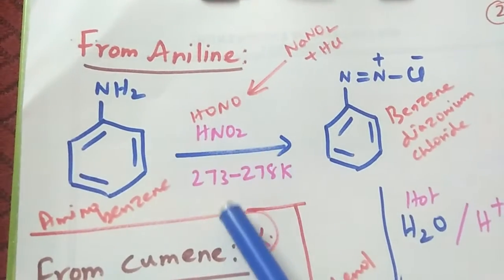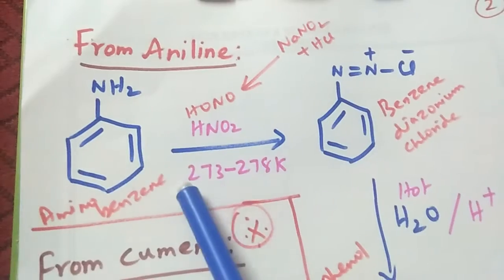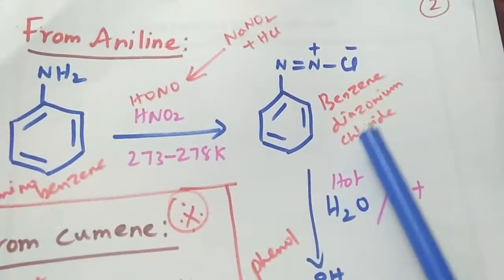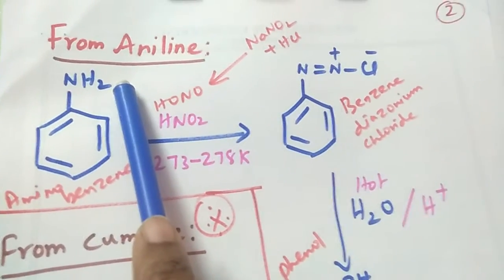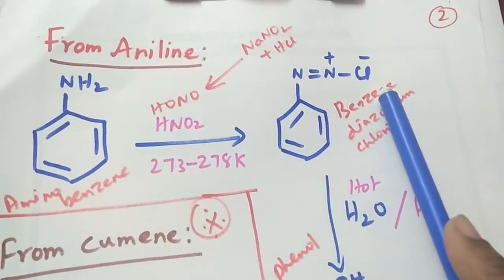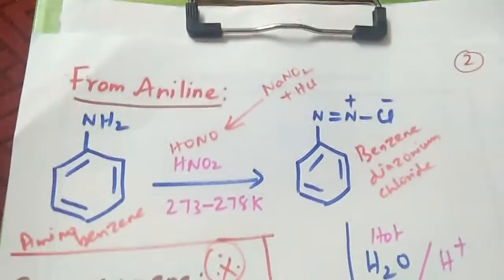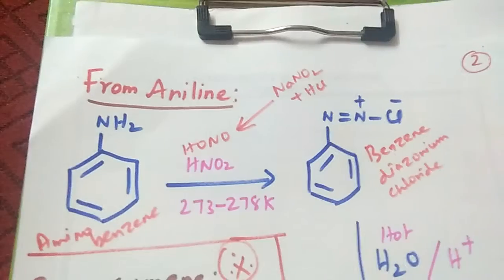When this nitrous acid is treated with aniline at a temperature of 273 to 278 Kelvin, benzene diazonium chloride is formed initially. This NH2 becomes N2Cl, because we are also adding HCl during the preparation of nitrous acid. So Cl will always be present.